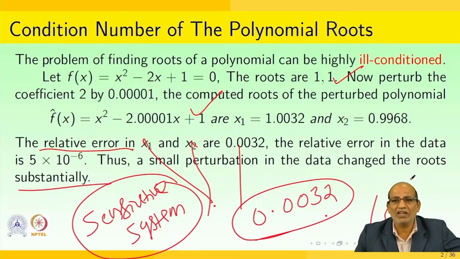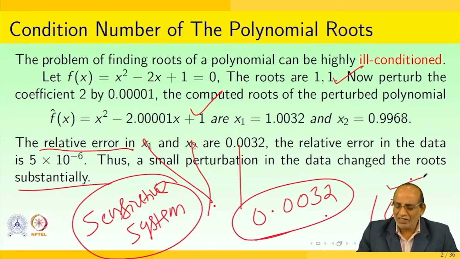Not just a quadratic; in real life cases you do have fourth degree, fifth degree, even higher degree polynomials. The higher the degree of the polynomial, the more the roots change, so you get a high level of relative error. So one should be very careful in handling such systems.